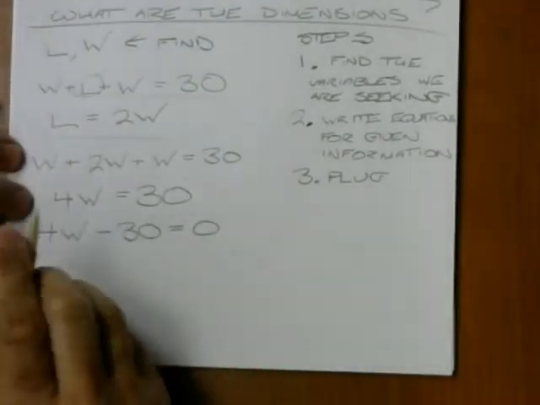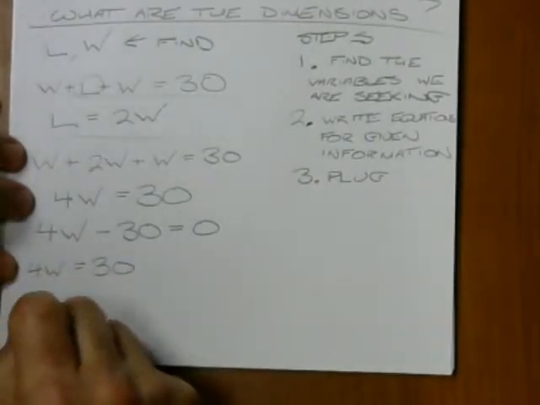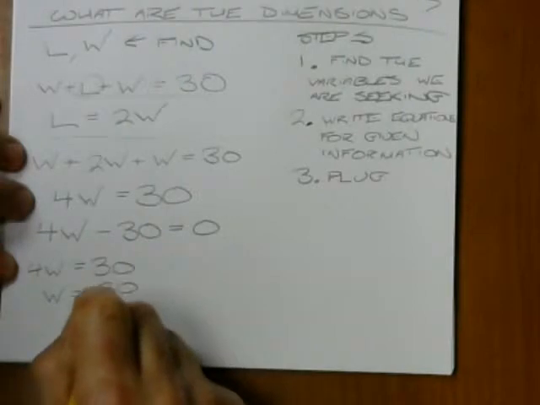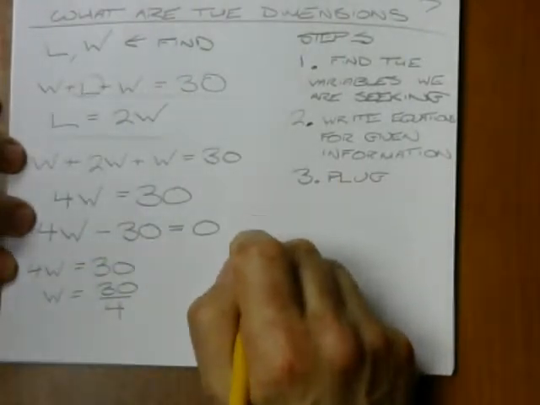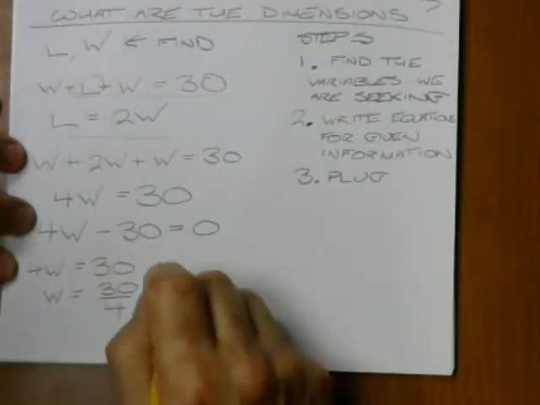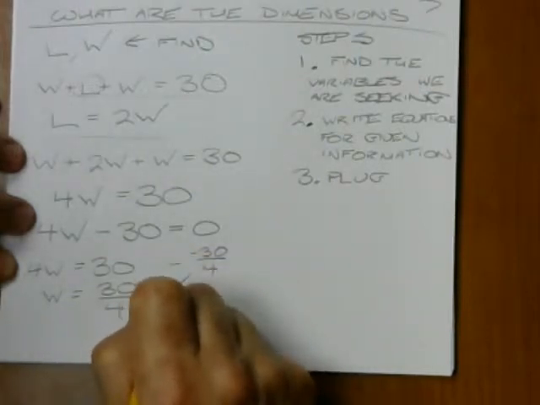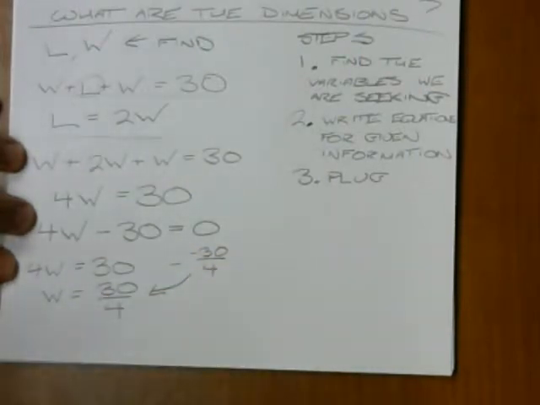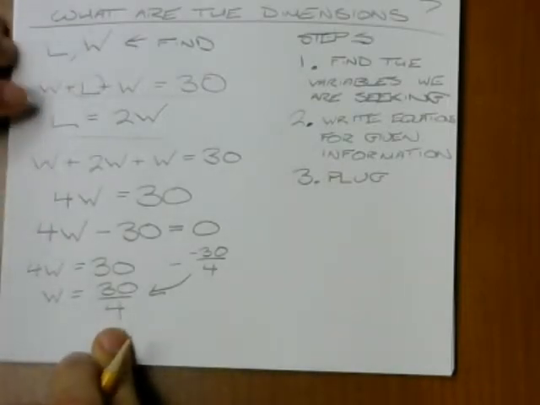So at this point, I can either solve my equation as so, or I could use the negative b over a formula. If I use that, I'd get negative negative 30 over 4, which is also going to give me 30 over 4. But I'm not done, because remember, what are we trying to find?